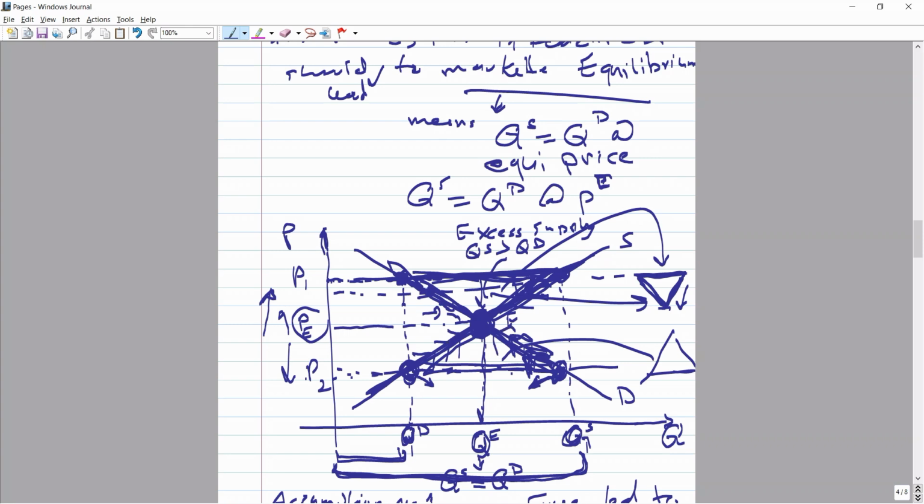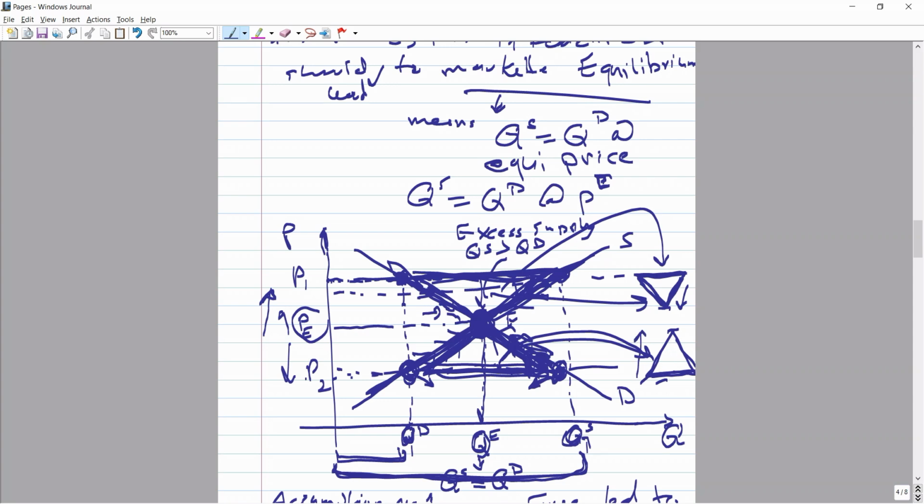So notice that when the price went down to P2, this triangle shows many things. As you see, this triangle is upward looking: the base is down and the tip is up. This means that the price pressure will be upward.